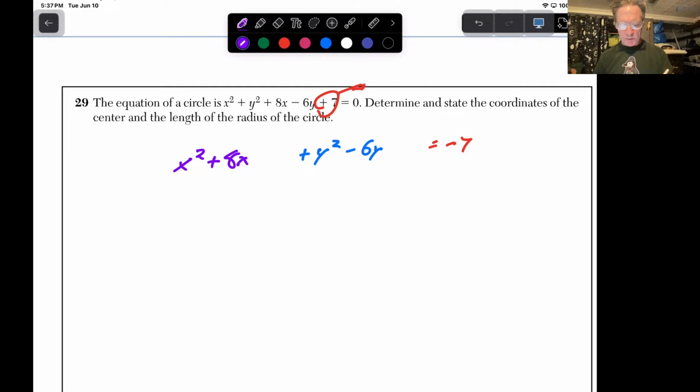Okay, so how completing the square works, you divide the b coefficient by 2, square it, add it to both sides. So what is that? 8 divided by 2 is 4. So I'm going to add 16 to both sides. -6 divided by 2 is -3. Square that. Add 9 to both sides.